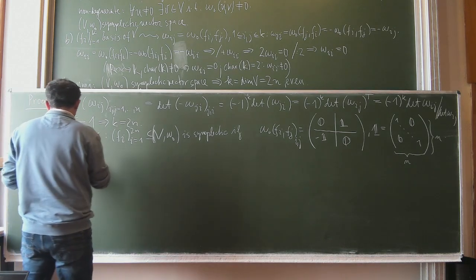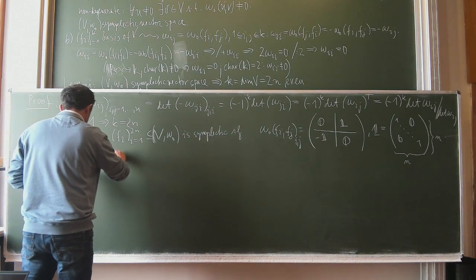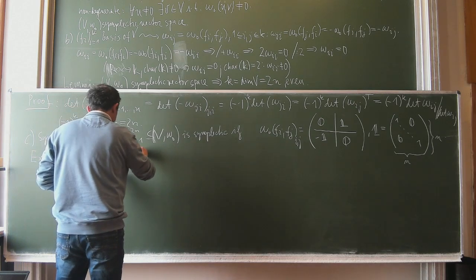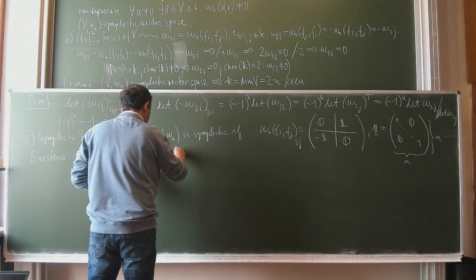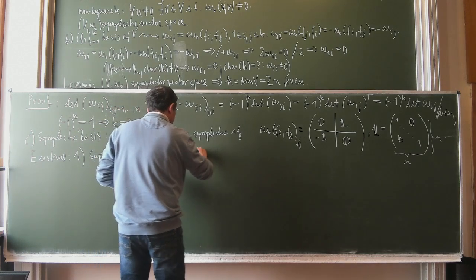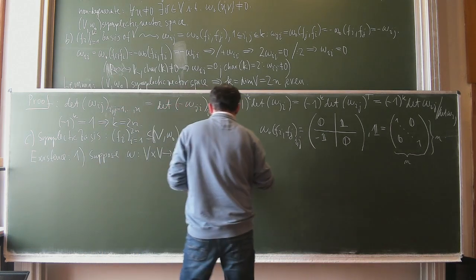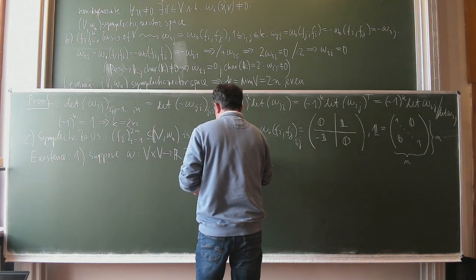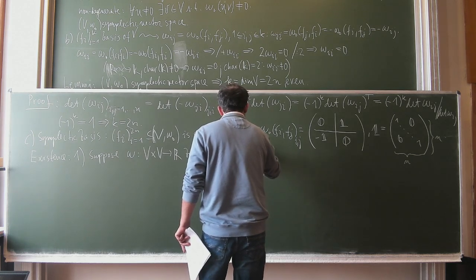So let us suppose something more general. Suppose that we have a form omega, which is bilinear, anti-symmetric, but possibly degenerate, and we suppose only that it is non-zero.